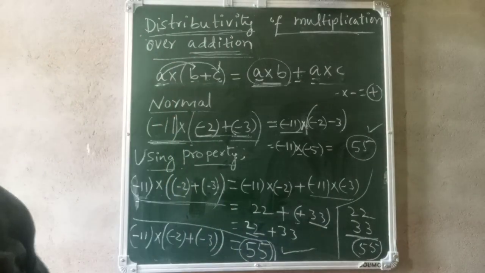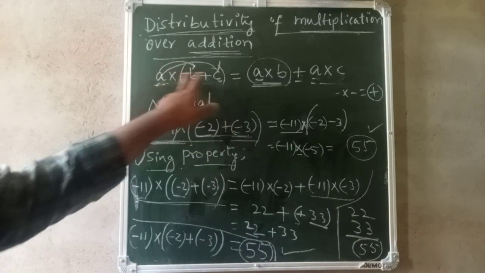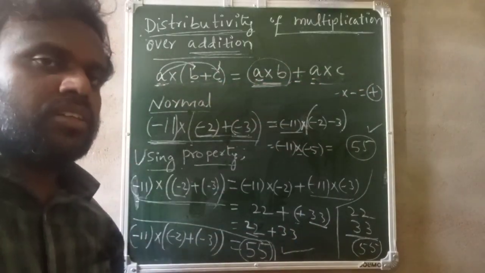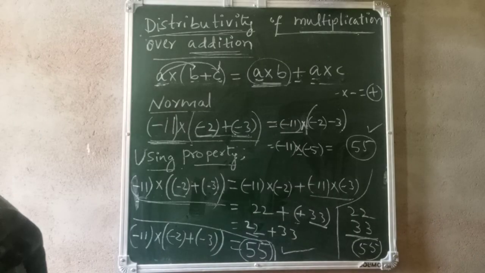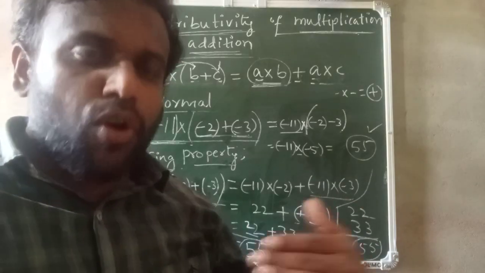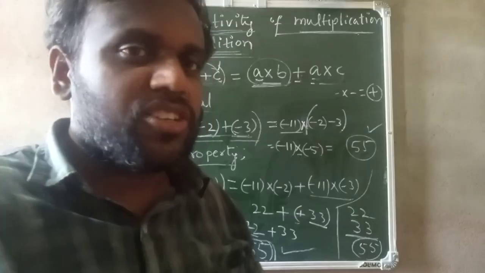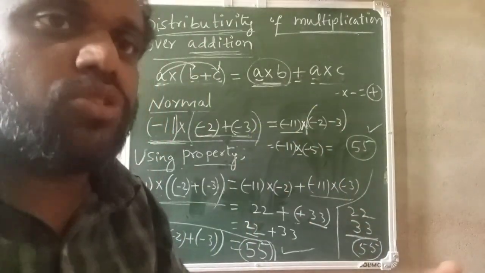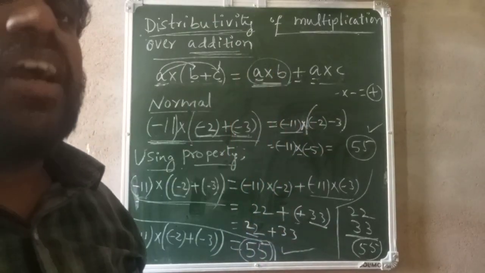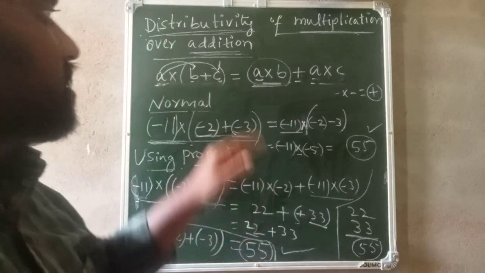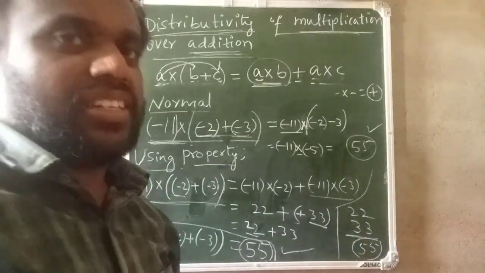We checked, we verified by using numbers for A, B, C that this property is correct. Okay? That's all. So what we did in this video, we took more and more examples, more and more different numbers for A, B and C, and we substituted those values in this property, that means the distributive property, and we checked that this property is correct. We verified, we checked it.